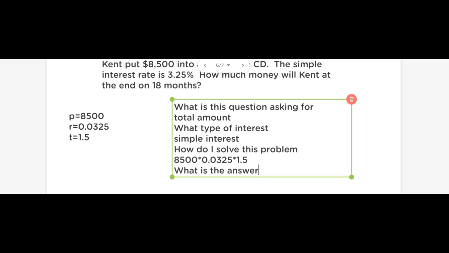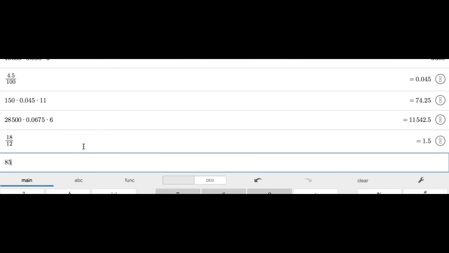So let's go into our calculator really quick. 8500 times 0.0325 times 1.5. I made an error on the previous problem.